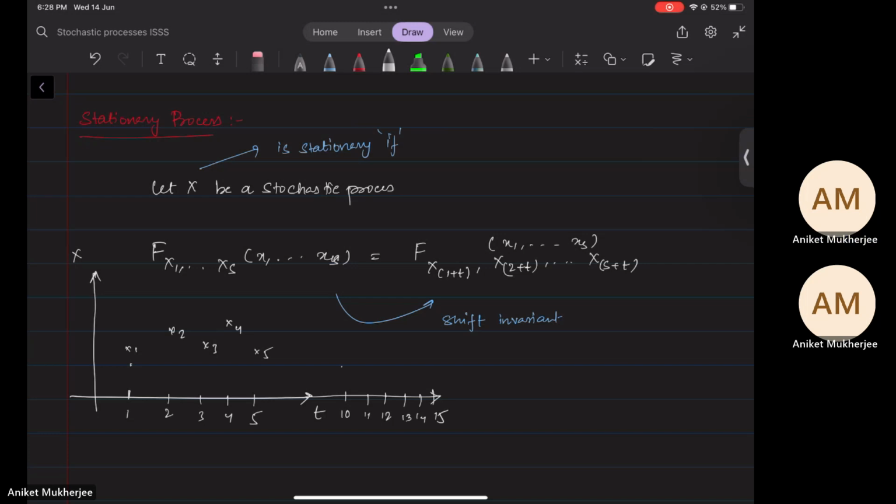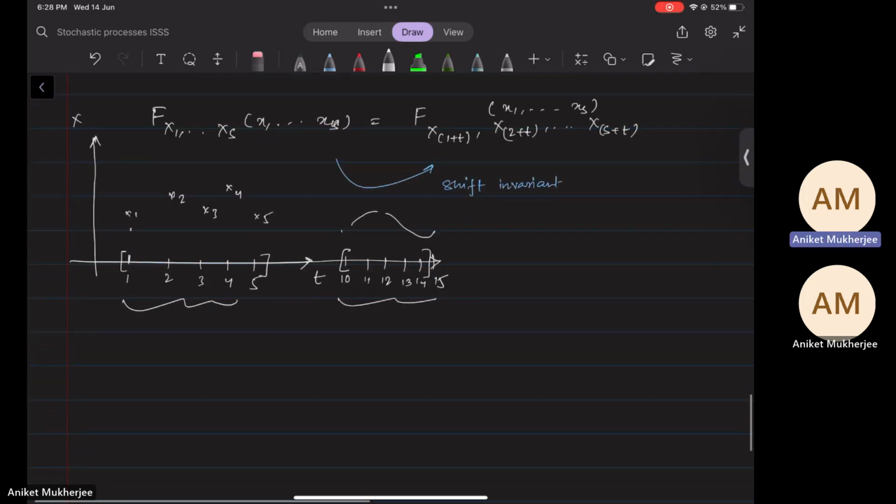The values might not be the same, but the distribution that you see here is the same as the distribution that you see there. So once you shift the random process and you observe the same joint distribution, then the process is stationary.